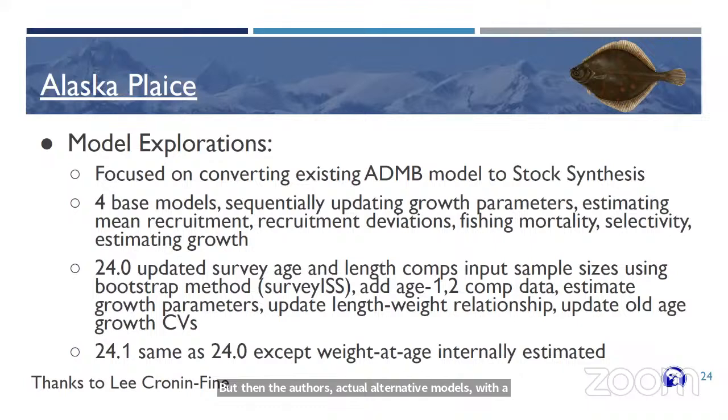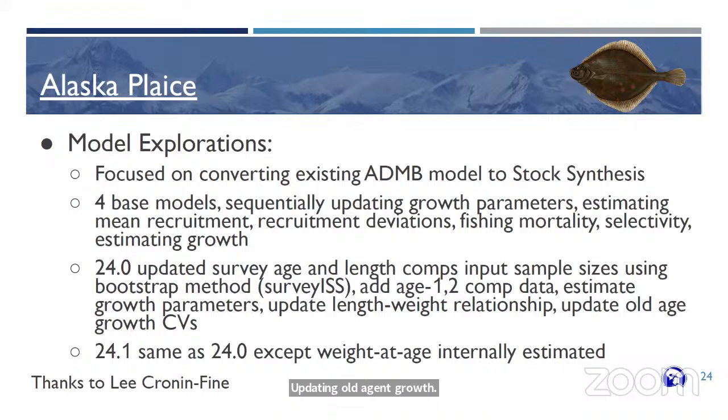And they called it Model 24.0, includes updated survey age comps, using input sample size, using the bootstrap method for input sample sizes, and updating the survey length comps with input sample sizes using the number of hauls, adding age 1-2 fish in the comp data, estimating growth parameters, updating the length weight relationship, updating old age and growth CVs.